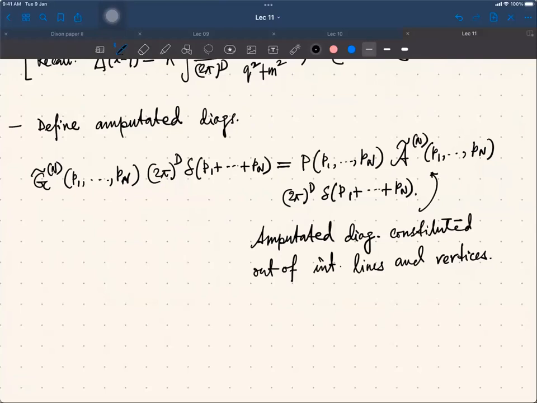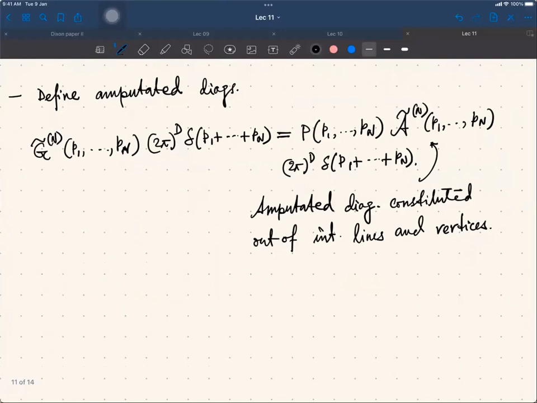Some of them are uniquely fixed by the external momenta, and the loop momenta are integrated over, and the vertex factors. This is what constitutes this amputated amplitude, in terms of this, the factor coming from external lines.